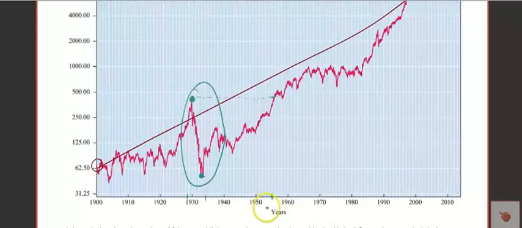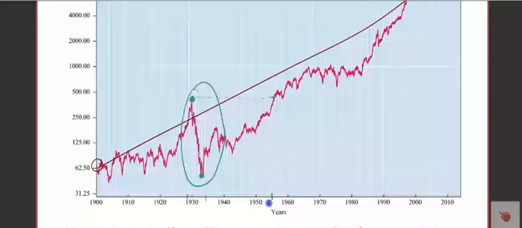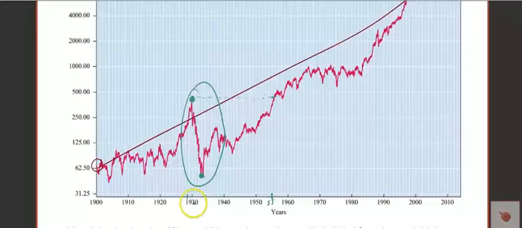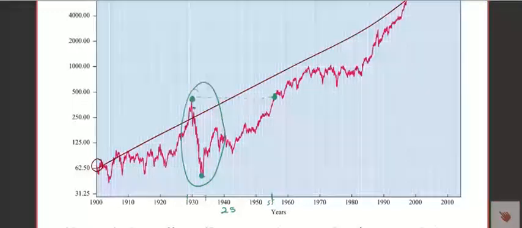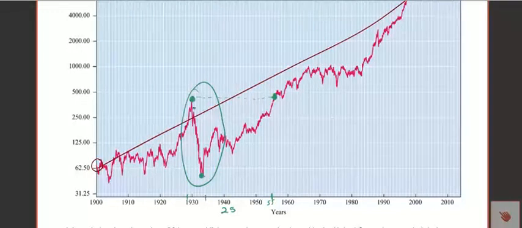But it looks like maybe around 1955. So we're looking at 1930 to 1955. That was 25 years later when they found themselves back to the point where they were worth that same amount right before 1930. 25 years, that's an entire career. And you would be planning for your retirement within those 25 years.